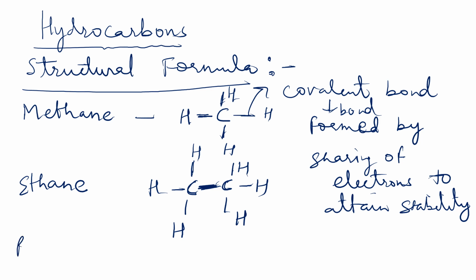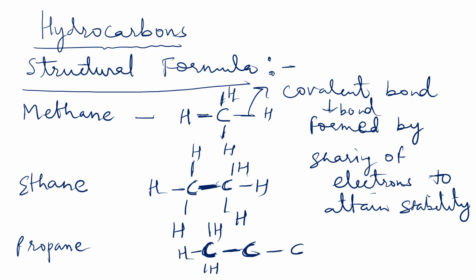Then we have propane. Propane has three carbon atoms linked together in a long chain. Again, the first carbon is bonded with one carbon, so it has to form three more bonds with hydrogen.